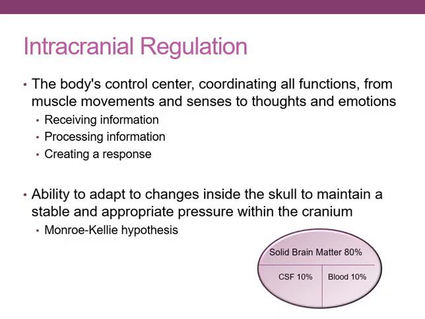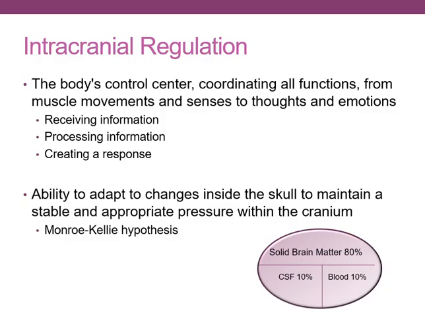So you've got some general information about intracranial regulation and what it is. As we've already said, our nervous system is our body's control center. I really think of my brain as my computer, and it coordinates all functions, because if my brain doesn't work, nothing else works, from muscle movement to senses to thoughts and emotions.